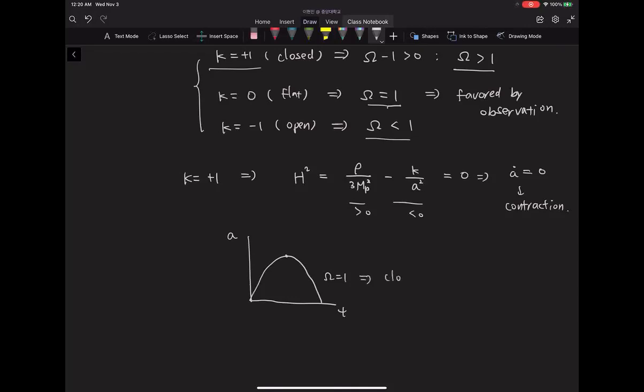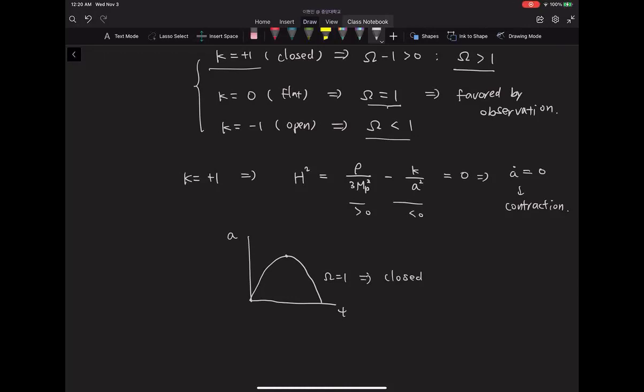Because of that, this is the closed universe, a finite universe. The volume of the space-time is finite.